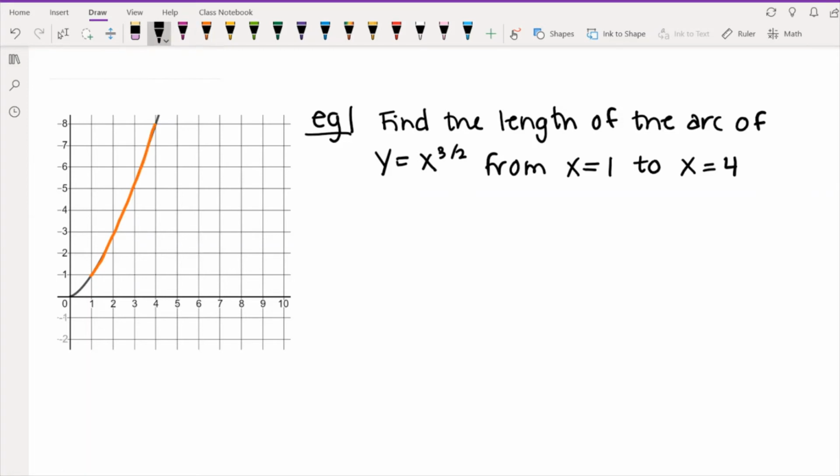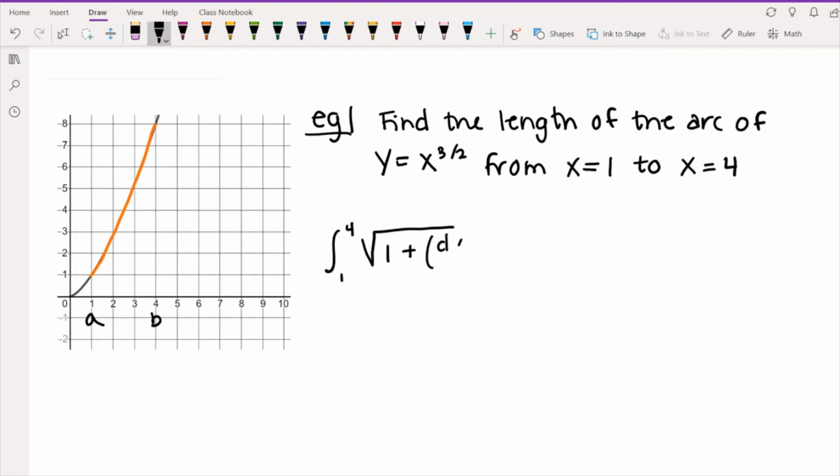Okay, so what's our formula? Well, it says that the length is going to be the integral from a to b. So the a and the b are just your x values. So we have from 1 to 4 of the square root of 1 plus, and now we need to take the derivative of our function.